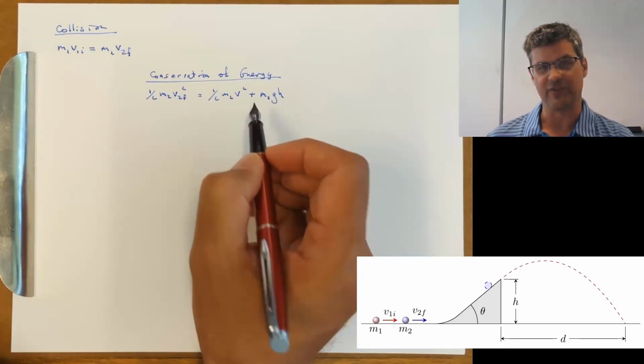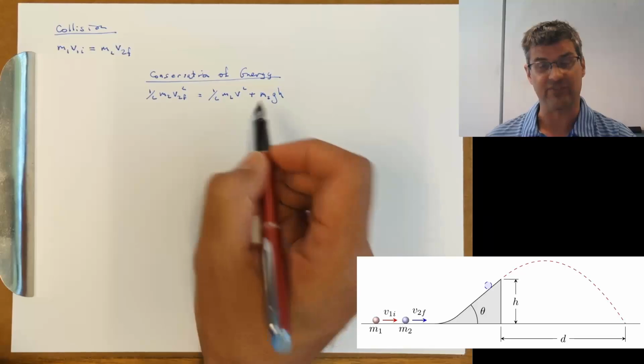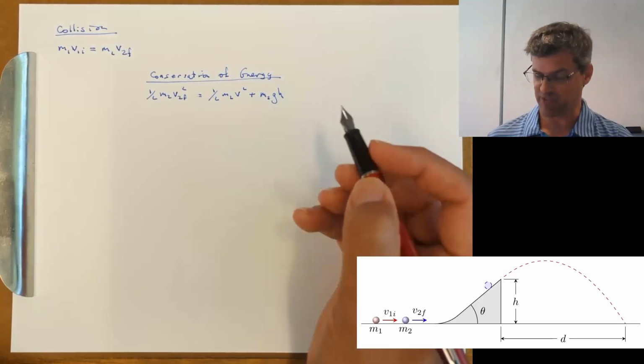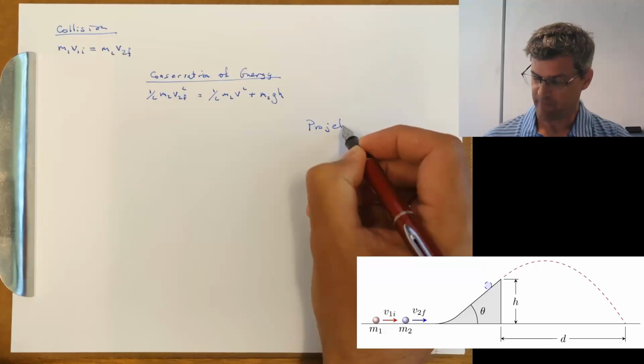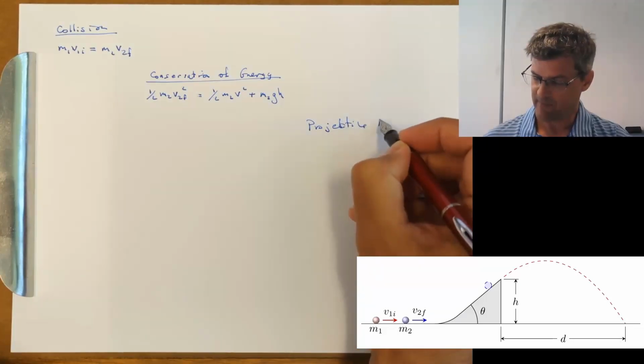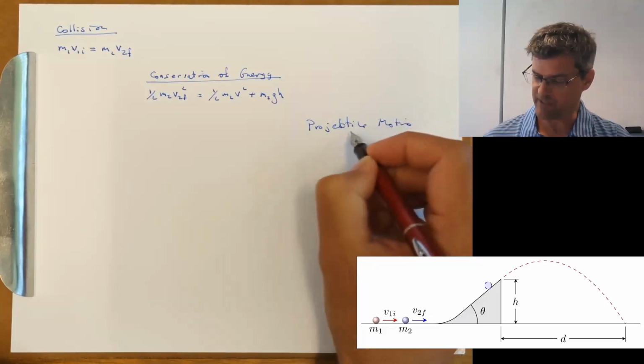Well, now the ball, M2, is sitting at the top of the ramp, but it's going to go through projectile motion. So what do we know about the projectile motion?